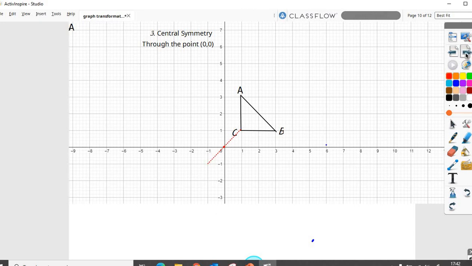And we do the same for each point on the shape. When we've done that, where it lands is the point on the image. So this is the image of A. This is C dash. This is B dash. And this is A dash. So this is the image through central symmetry through the point 0, 0.